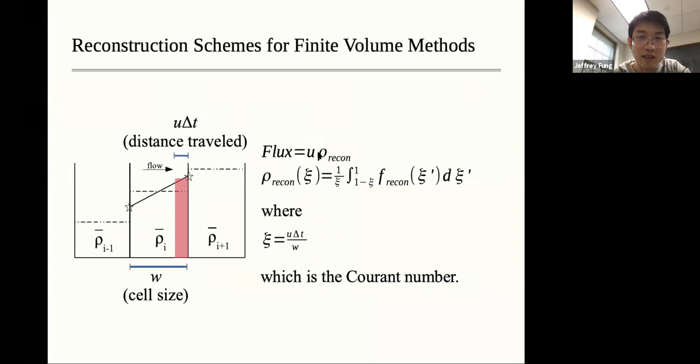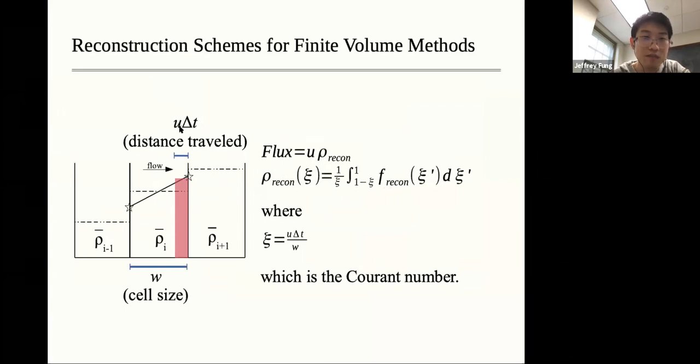So the flux here is again this reconstructed density, which is you integrate over your reconstructed function, and you take the average of that. That gives you sort of a reconstructed value of your conserved quantity, and you multiply by the speed that you're wanting to travel to the right, then you get the flux.